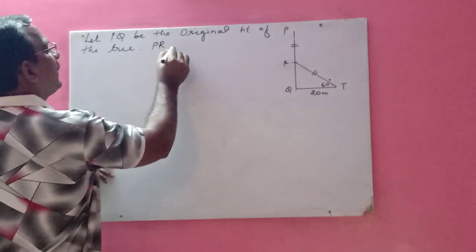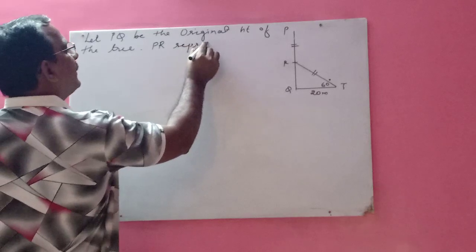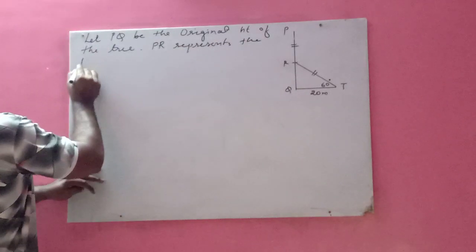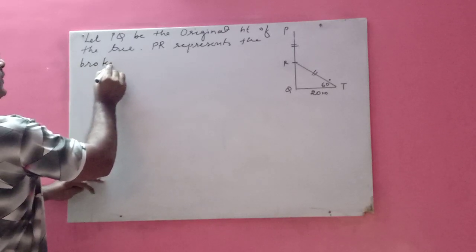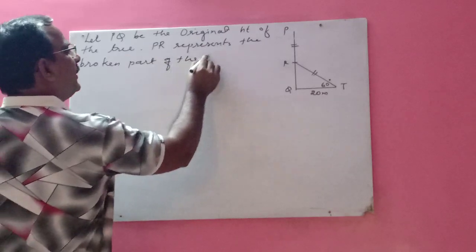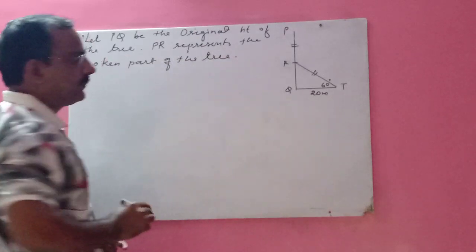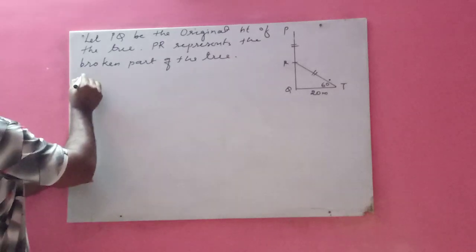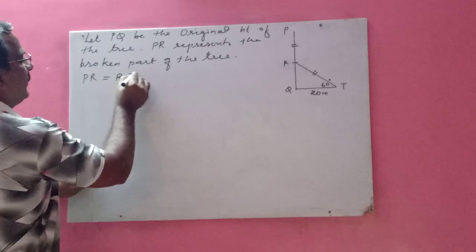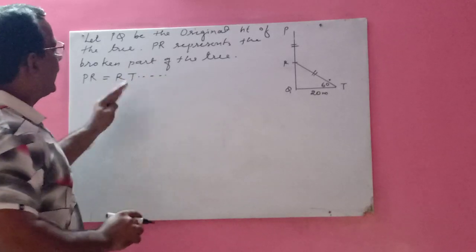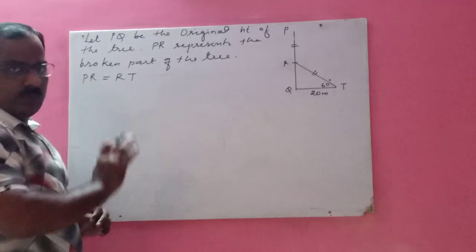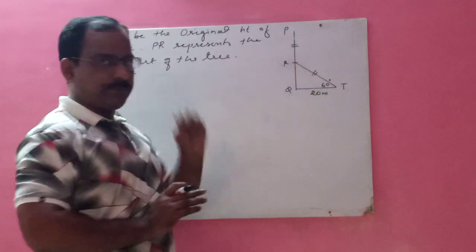PR represents the broken part of the tree. So here PR is equal to RT. PR and RT are equal because both are the same.